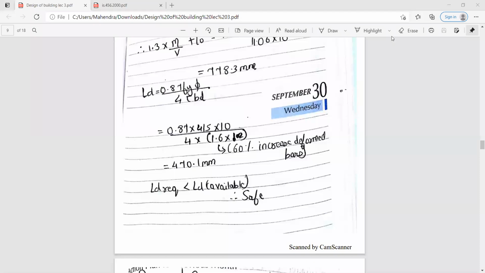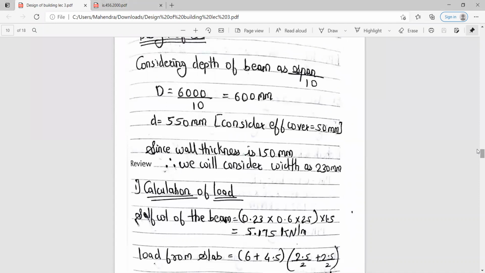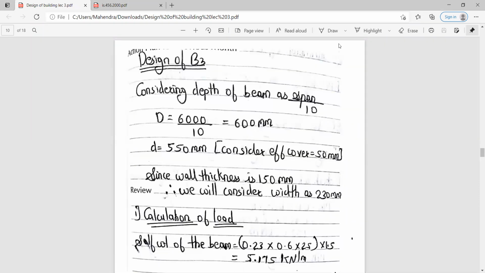We'll start with the next design, that is design of beam B3. So for design of beam B3, we are going to consider the depth of the beam. The depth of the beam will be span by 10. Now go to your diagram, the very first diagram that is given in the question that you have drawn. Look at what the span was there.